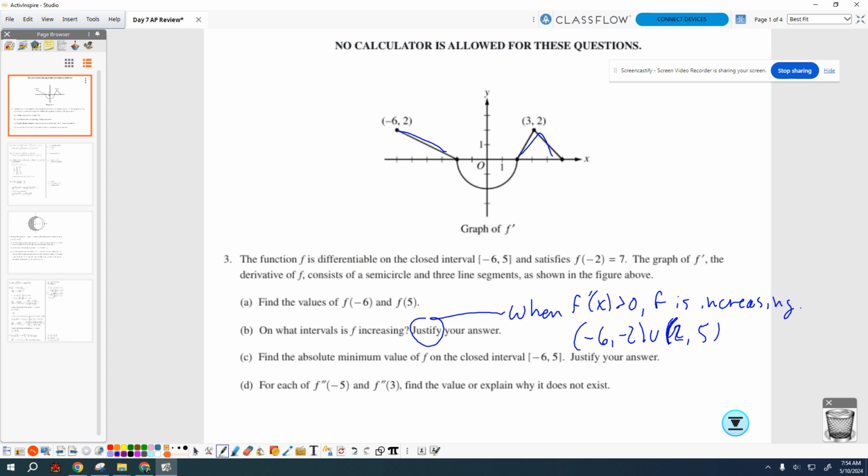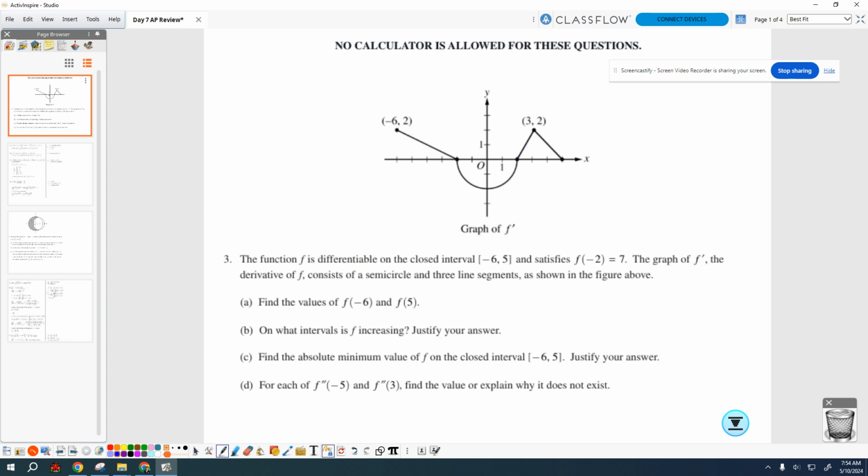Absolute minimum. So first I thought we look where f prime of x is 0, so at negative 2 and 2. Okay, where is f prime 0? Negative 2 and 2, okay. And then I made a table, so x and y, and then negative 6, negative 2, 2 and 5.